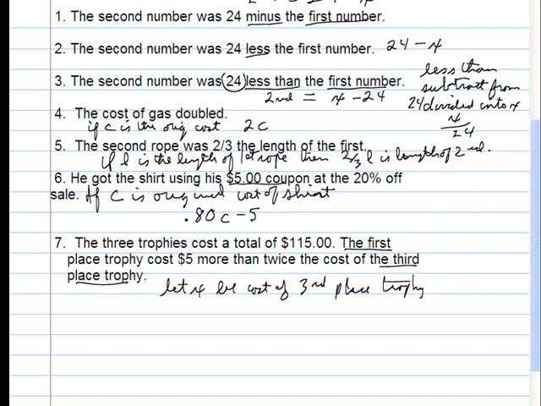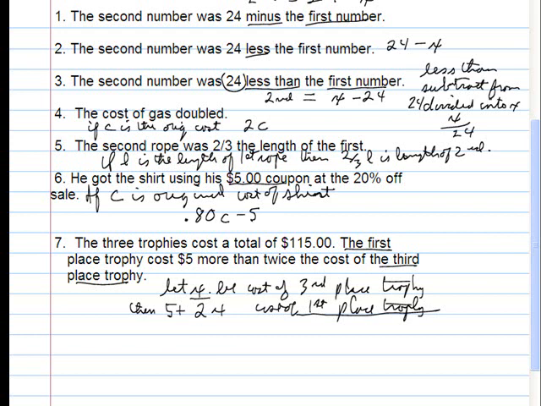It says the first place trophy is $5 more than. So I'm going to put here the cost of the first place trophy. And it says it's $5 more than. So I'll put 5 plus for 5 more than twice the cost of the third place trophy. Right here we said X is the cost of the third place trophy. So twice the cost of the third place trophy would be 2X.